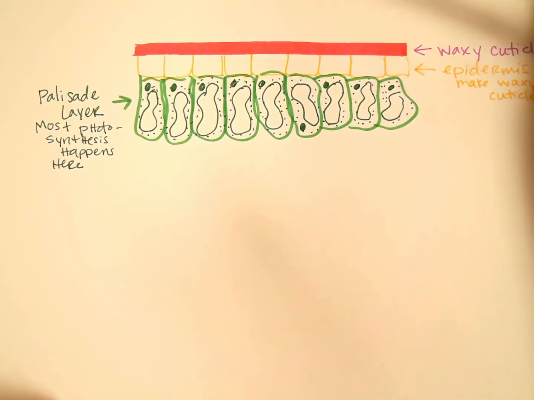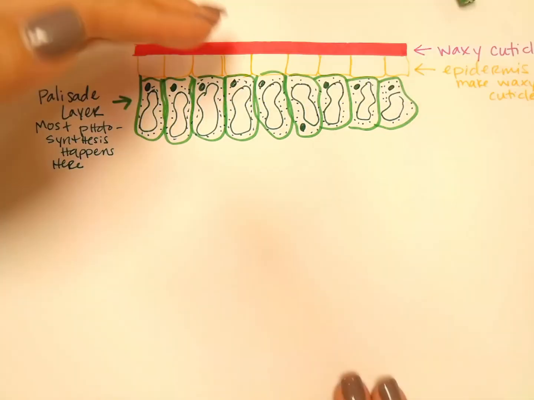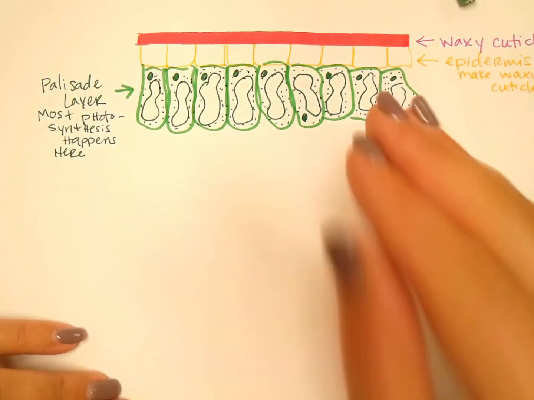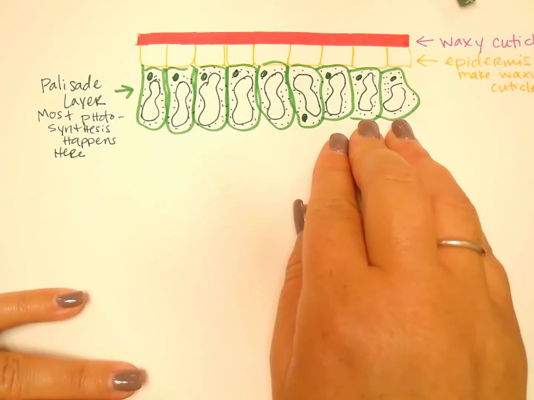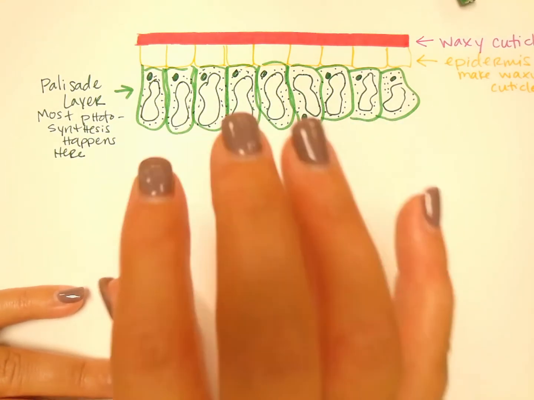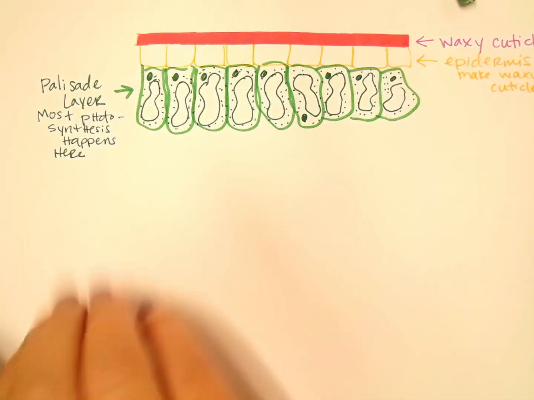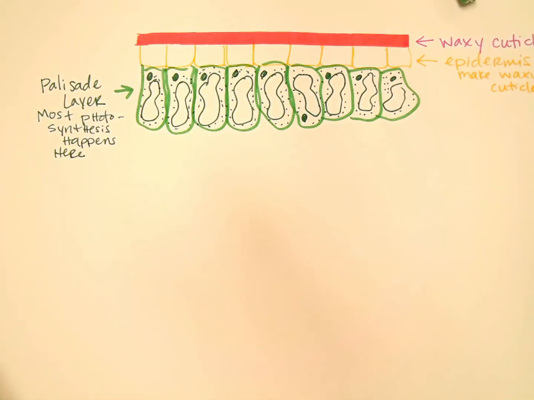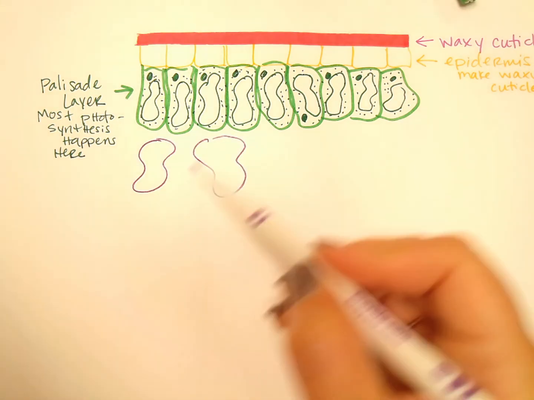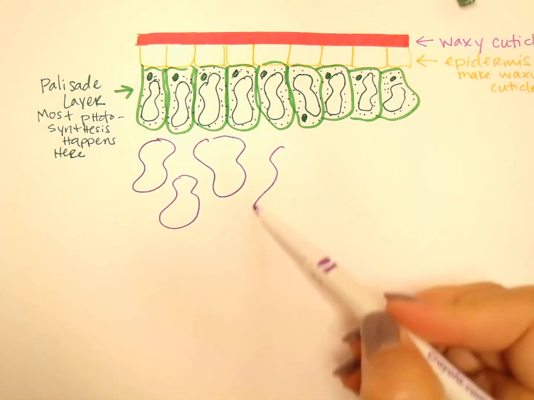All right, so we've got the waxy cuticle that's protecting it, the epidermis that is producing that waxy layer. We've got our layer of really powerful chloroplast-packed plant cells that are going through photosynthesis and producing energy. What next? Well, there's this layer, and we call it the spongy layer because the cells are kind of spaced out with all of this area between them.